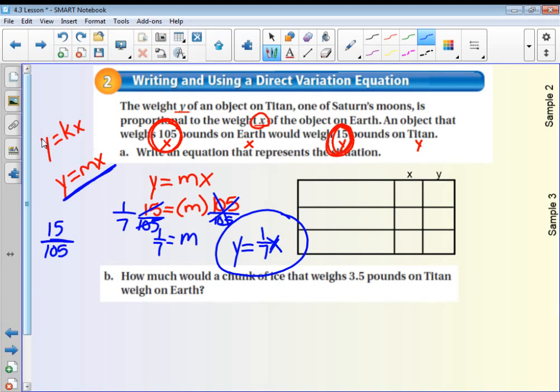So letter B says, how much would a chunk of ice that weighs 3.5 pounds on Titan weigh on the Earth? So Titan, we know, was our y. So this 3.5, I'm going to put where I have y in my equation. So I have 3.5 equals 1/7 x. Now, the tricky thing on this is I have a decimal and I have a fraction involved in this equation.